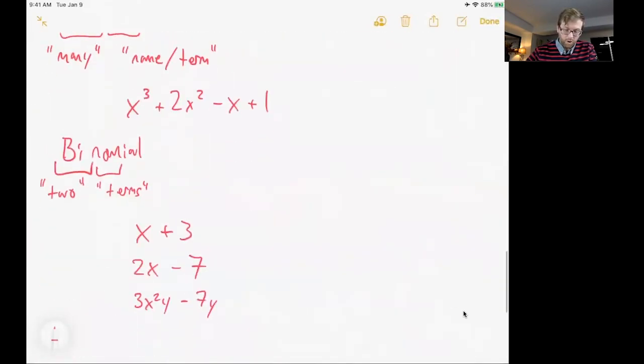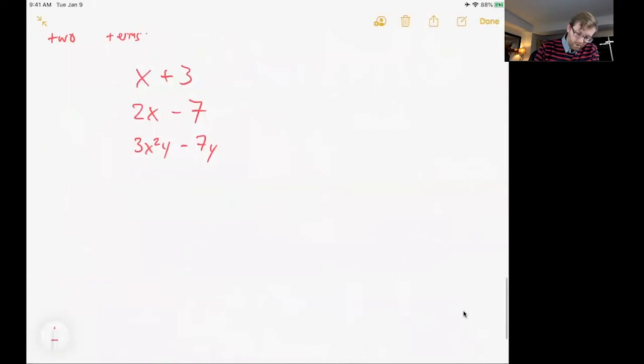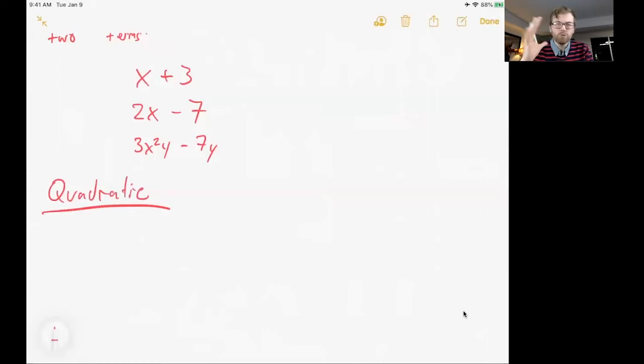Quadratic. Quadratic. Now, quadratic is specifically where I'm going to use another term here I haven't introduced to you yet, hopefully, but I'll tell you what it is. Where the degree of the polynomial is 2, where it's a second degree polynomial.